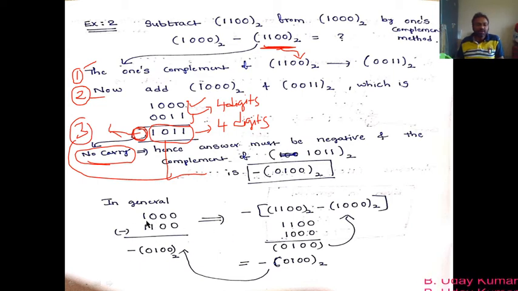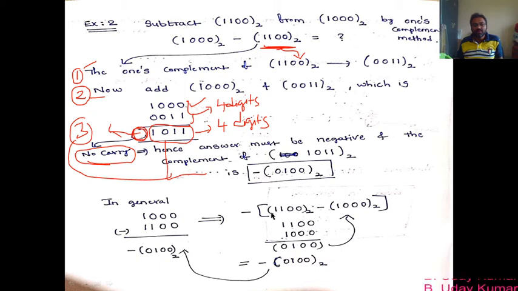If you check 1000 minus 1100, how do I find its answer? I have written its calculation here. I can take minus common. If I take minus common, I can write 1100 to the base 2 at the beginning and 1000 at the end.